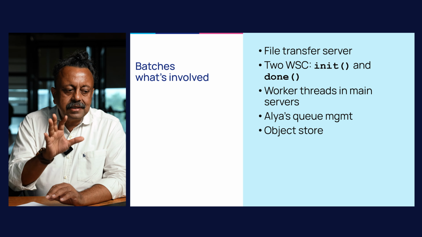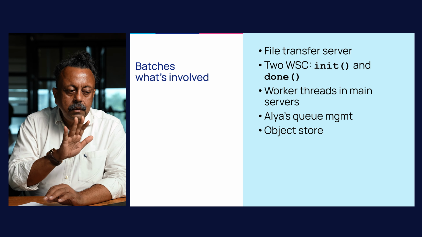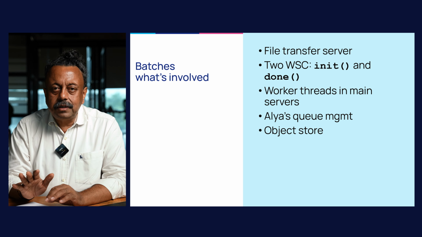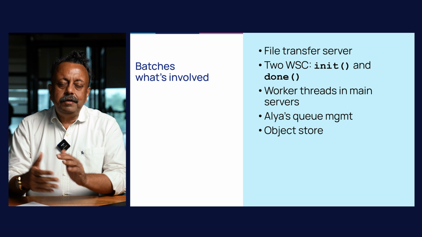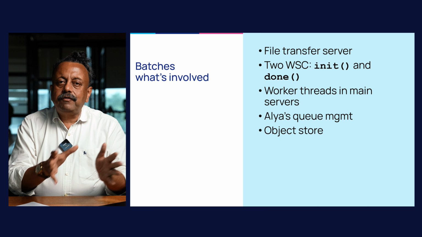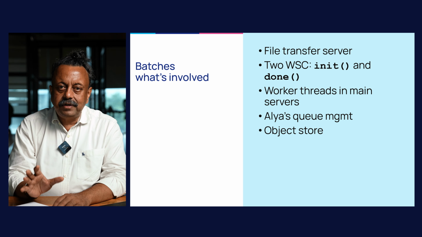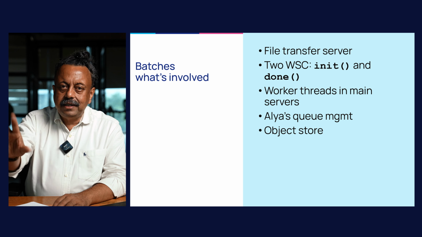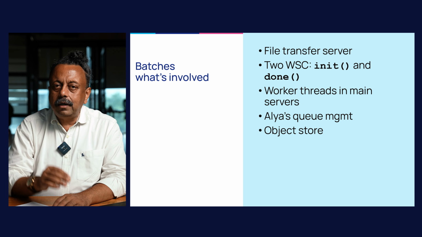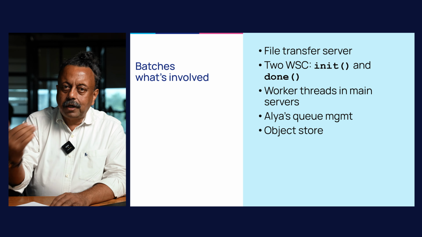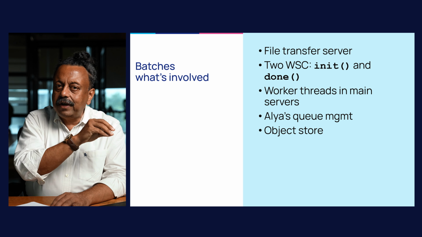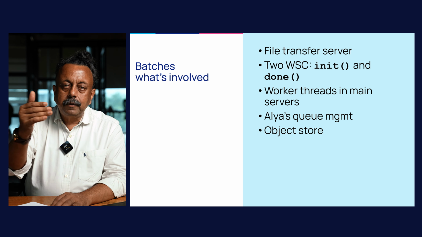So the basic pieces are as follows. There is a file transfer server, which is preferably, for security reasons, separate from our server which is running our web services. So that file transfer server exists. It receives files which are uploaded to it, and it generates files which are downloaded from it.